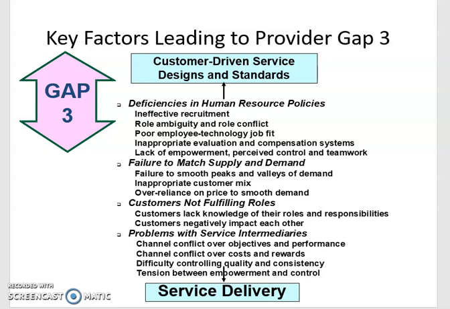Then followed by customers not being able to fulfill their roles and responsibilities. This addresses how the service provider should always take a step forward in tutoring their customers in the right way, so that they understand their roles and responsibilities, and there is no negative impact on each other, that is between both the customer and the service provider.